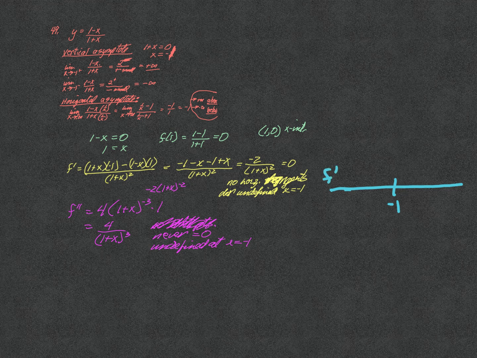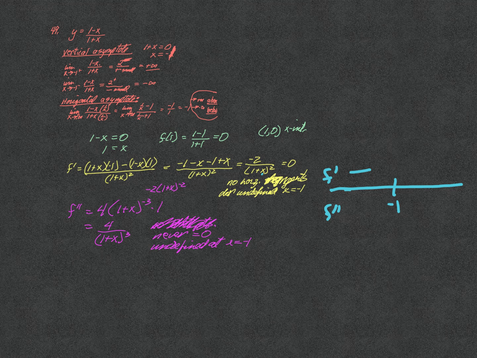So let's do the first derivative up here and the second derivative down here. Our test value would be negative 2 in the first derivative. That would be negative 2 over negative 1 squared, which is 1. So the first derivative would be negative there.